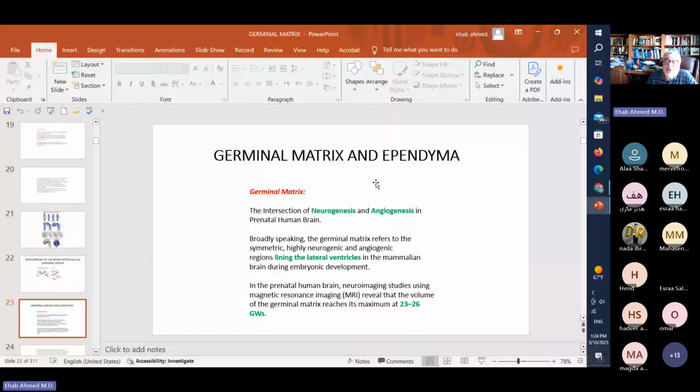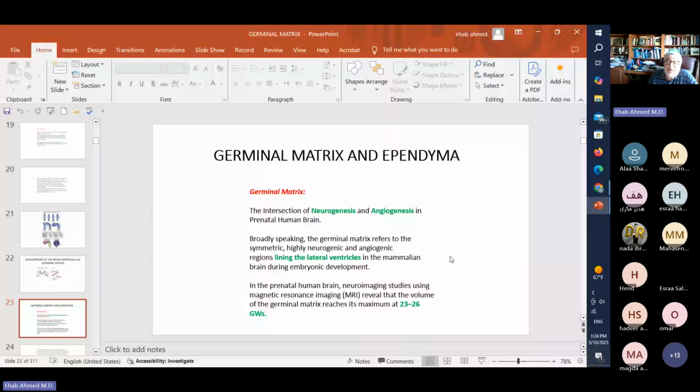The size of the vessels increases and reaches its maximum size by the age of 23 to 26 weeks. That's why if you have a baby who is born before 26 weeks, the germinal matrix vasculature is still very immature.